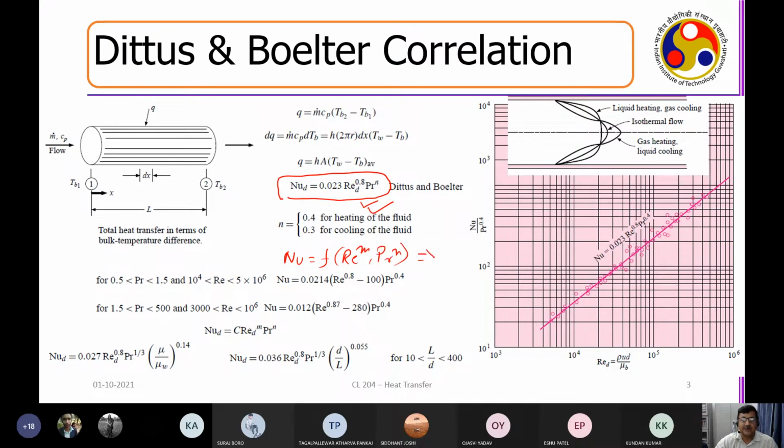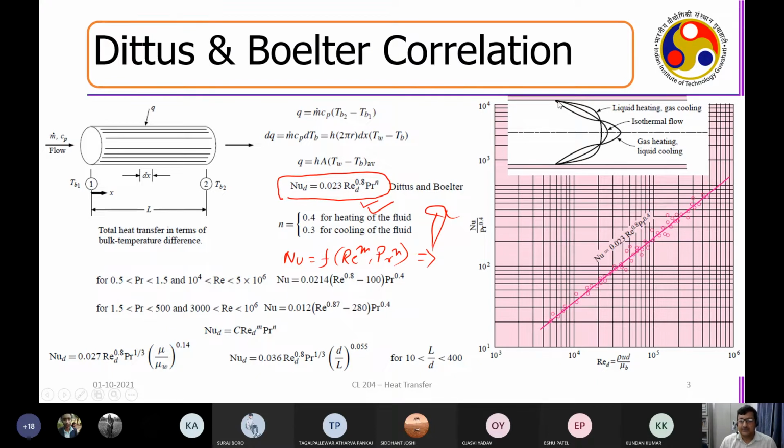Now, this sort of framework was first proposed by Dittus-Boelter because geometry can be very diversified. But overall, the heat transfer coefficient is dependent largely on these parameters. And if I keep changing the exponents and the coefficients, I'll be able to map most of the things.